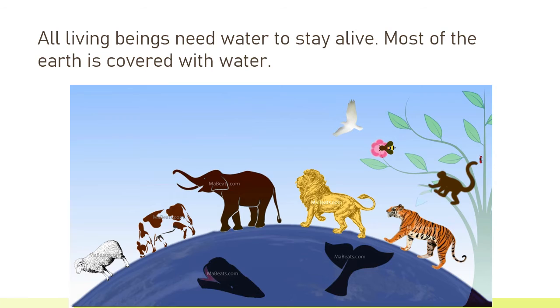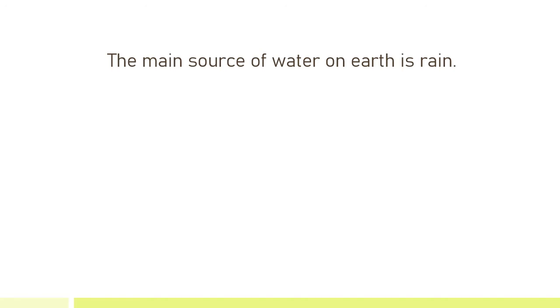Most of the earth is covered with water. As you can see in the picture, we all live on earth, and most of the part of earth is covered with water. The main source of water on earth is rain.